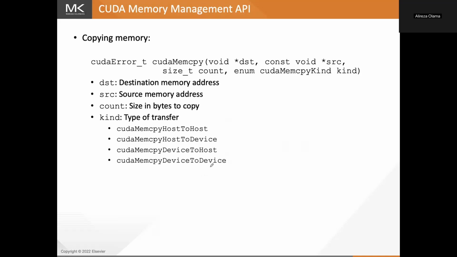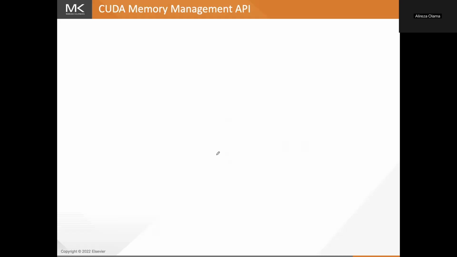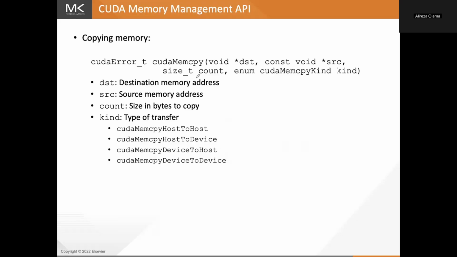After that, we have to transfer data from CPU to GPU memory and from GPU to CPU memory, right? So the CUDA API call for that is cudaMemcpy, which takes four arguments.